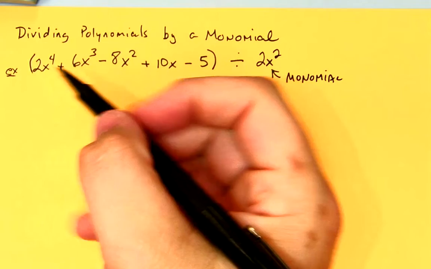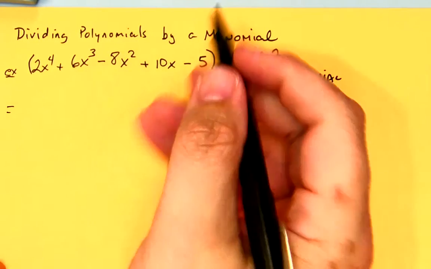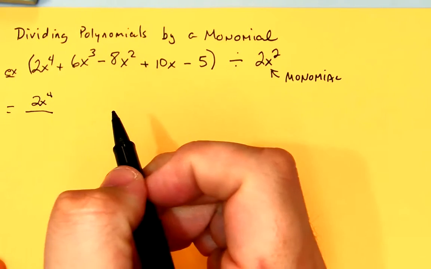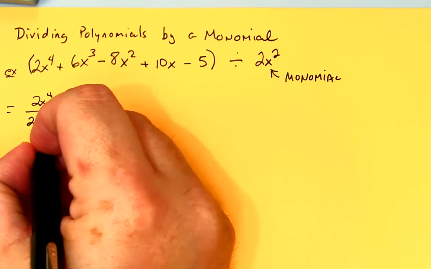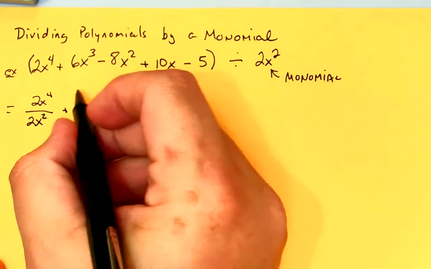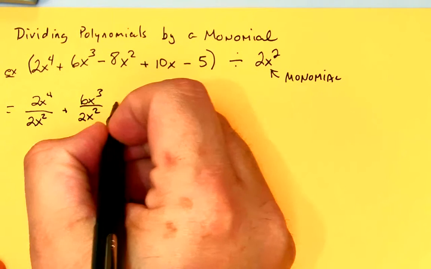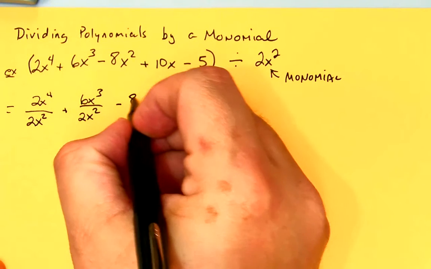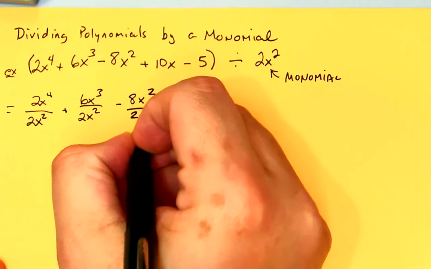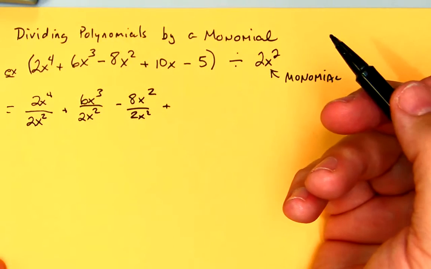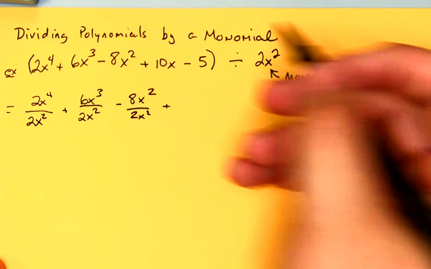When you're dividing by the monomial, all you have to do is take every term and divide by the monomial itself. And make sure that every term, it's almost like an inverted distributive property.